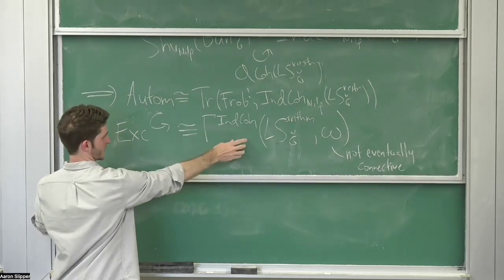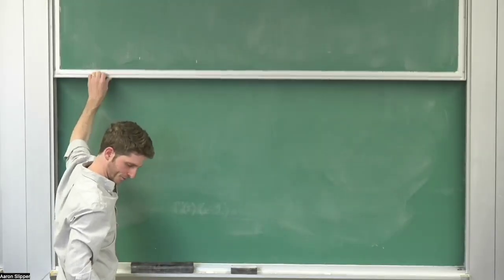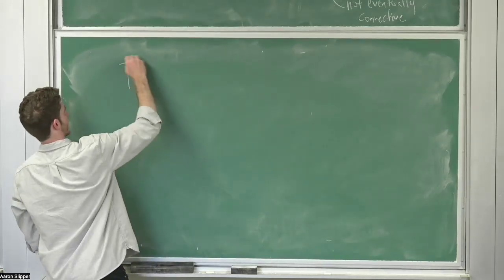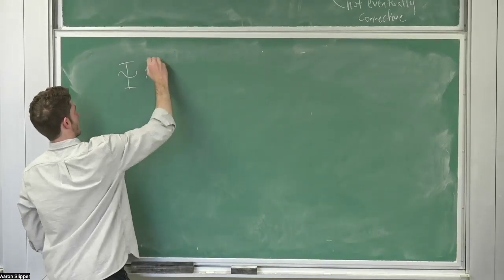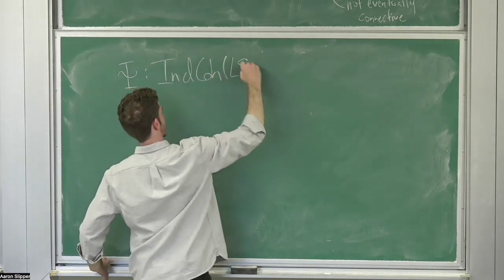Excursion operators will act here as well. And finally, one more thing that we would have as a consequence of this, there's a functor from IndCoh to QCoh in all cases.